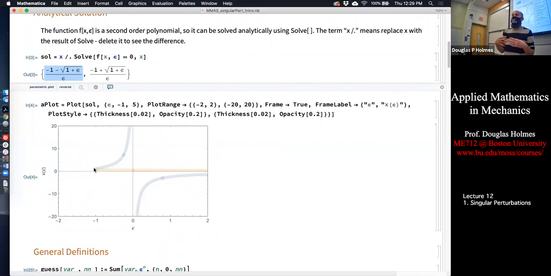So it almost seems like you have three solutions, which doesn't make any sense, but two of them are the same. The one from the regular perturbation and one of the ones from the singular perturbation are the same. So I think the answer is no, you don't need to. You could still get it from the singular solution. But I would want to double check that. Maybe that's a fun exercise.